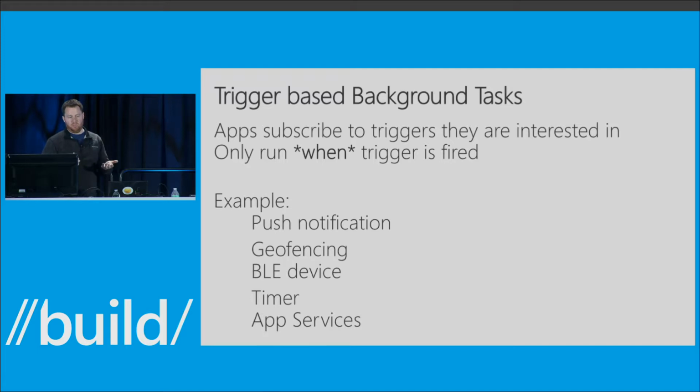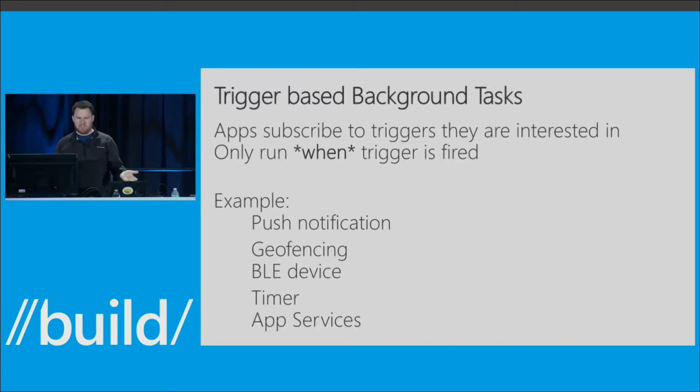Obviously, Bluetooth as well. With bands and all sorts of devices, watches and smartwatches and so on, we send notifications via Bluetooth, and your apps can subscribe to things like that, heart rate monitors and so on, that are all Bluetooth devices. Regular timer events or system events, just things happening on the system, periodic timers again, Wi-Fi becoming available, users logging in, that kind of stuff you can subscribe to.